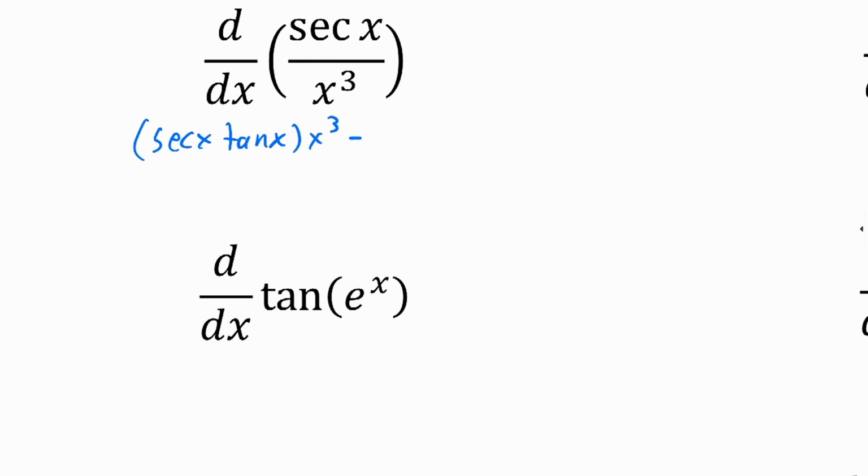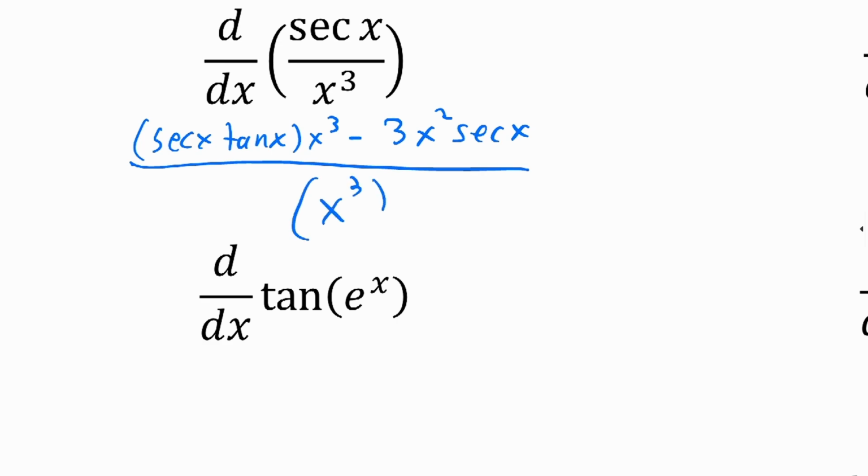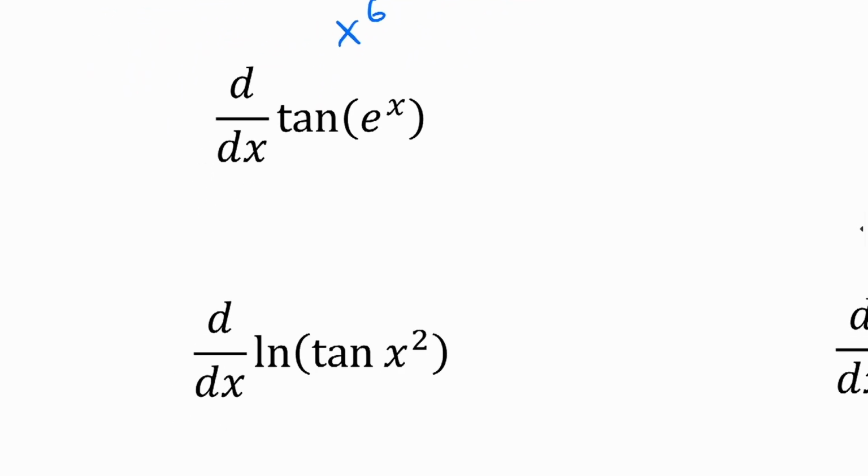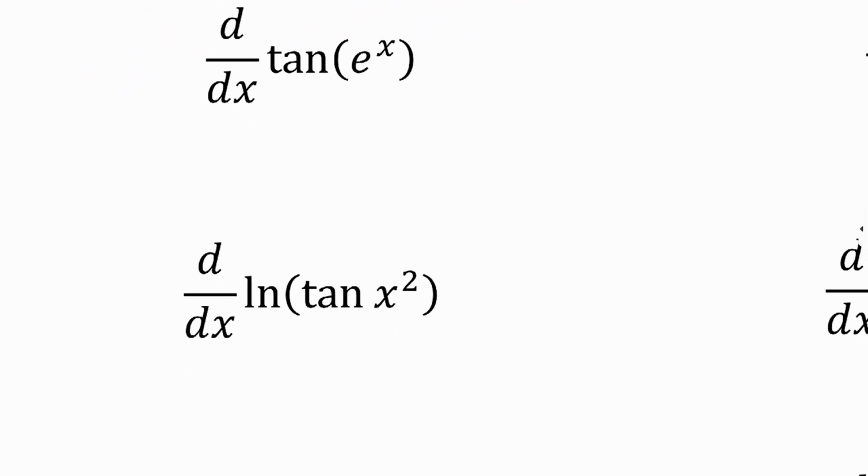Subtract the derivative of the bottom, which is 3x squared, just tag on that secant x again. All divided by, not 3x squared, x cubed squared, which is just x to the 6th. There's your derivative.